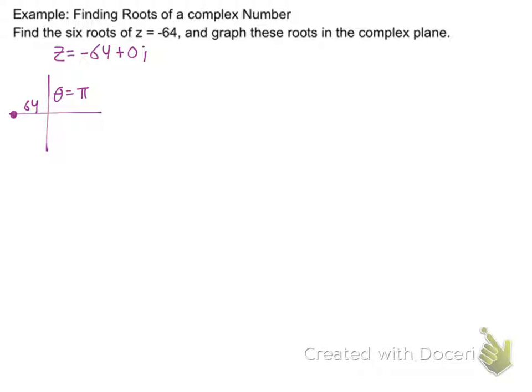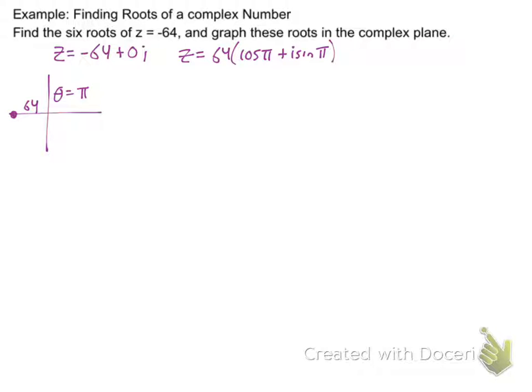So, the trig form we are using is 64 times cosine pi plus i sine pi. Easy enough, right? To get that part. Hopefully we've done that enough times that it's getting there.